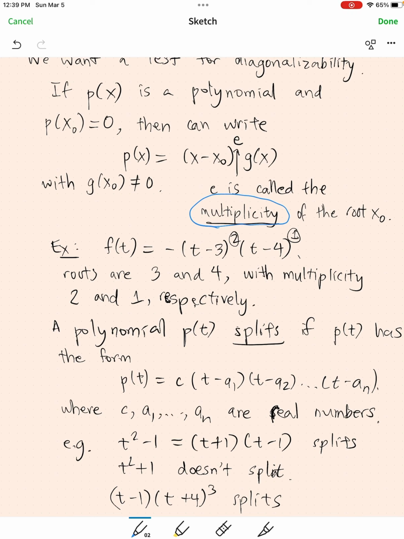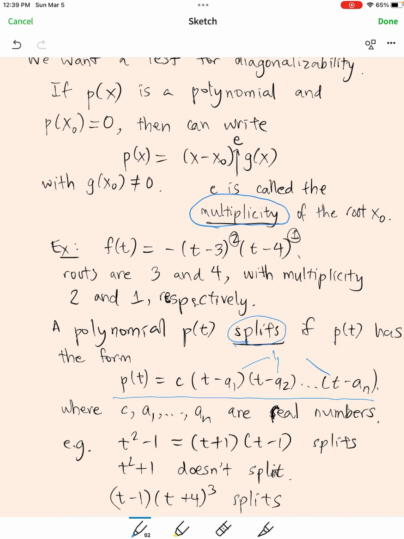Like if we talk about a double root or a triple root. A double root would be a root that has multiplicity 2, and the triple root is a root with multiplicity 3. And we said that the polynomial splits if it has this form, if you can factor it into a bunch of linear factors, right?